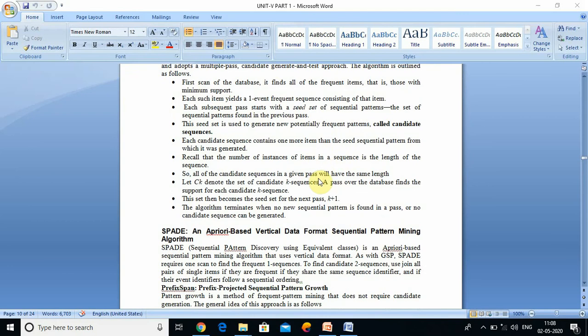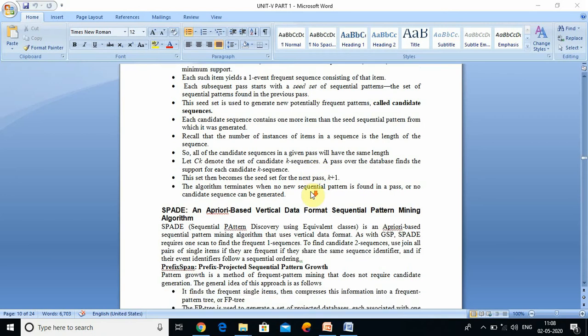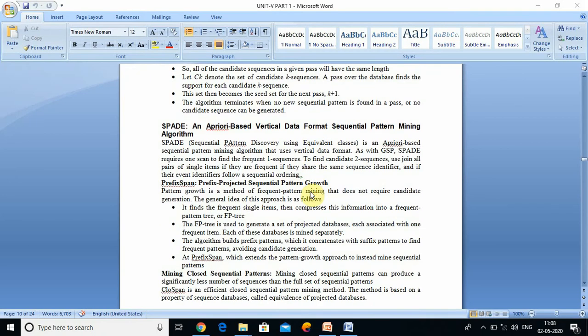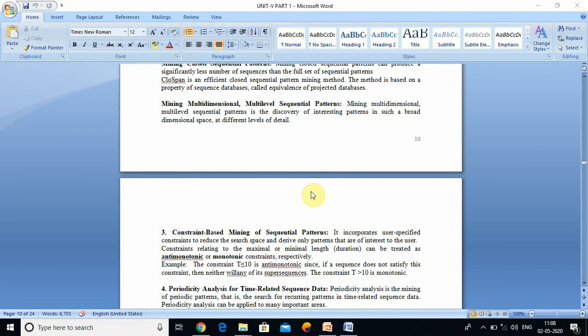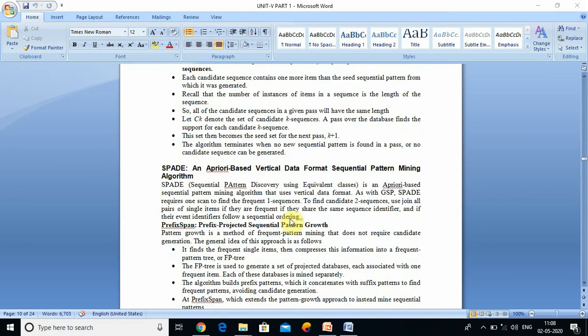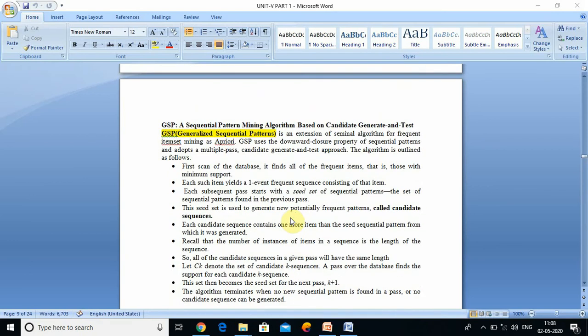The second one is SPADE, which stands for sequential pattern discovery using equivalent classes. The third one is constraint based mining of sequential patterns. Coming to the first one.